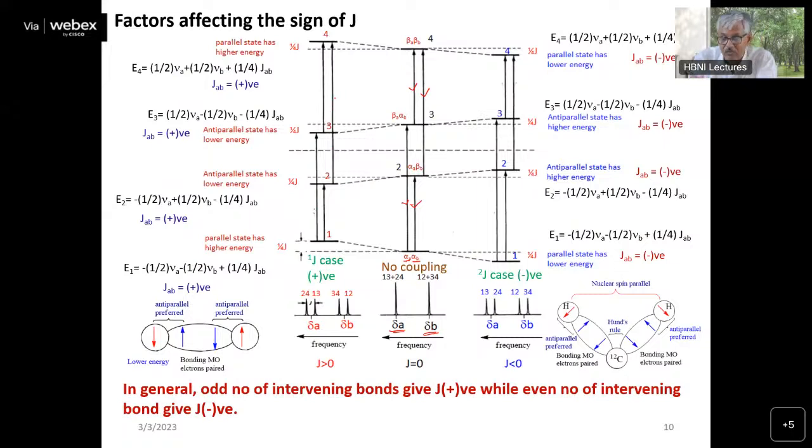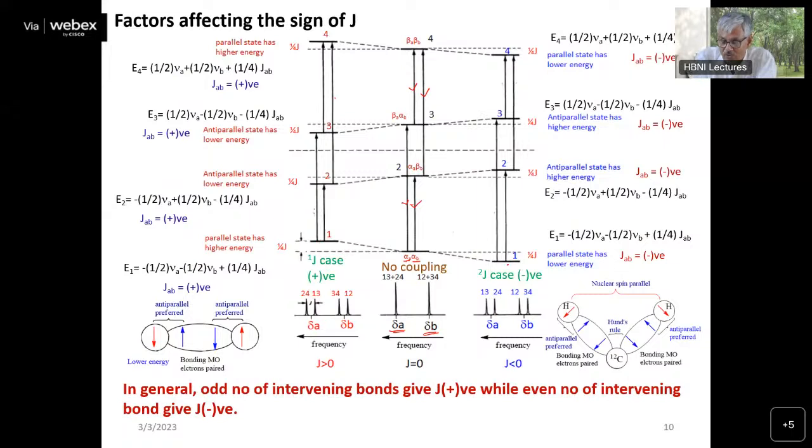Now the same thing, when two nuclei are connected through two bonds, you will see that 2J is negative, because now the parallel state has lower energy, whereas in the 1J case the parallel state had higher energy.